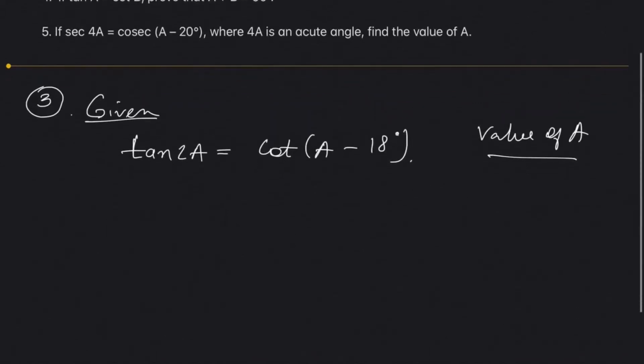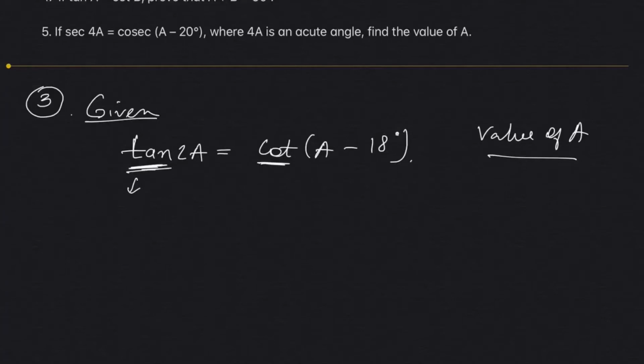So how do we find the value of a from the relation that they've given us? Our target should be to make this tan and cot the same, so we replace tan with cot. How do we do that? We either replace this or this.